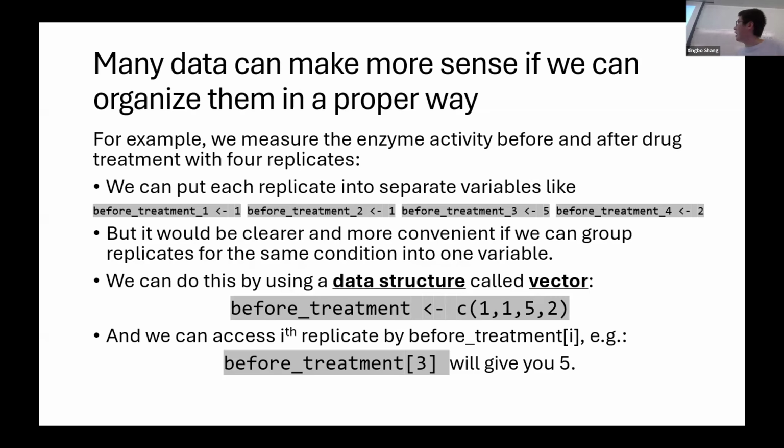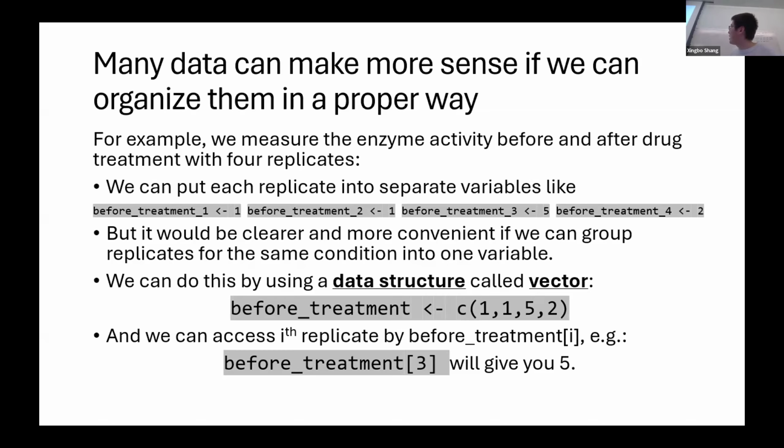You can do this by using something called a data structure with the name vector. If you want to store 4 replicates, you just surround them with round brackets and put the letter c before it to create a vector, and put it into the variable. I will show some immediate advantages of doing this.